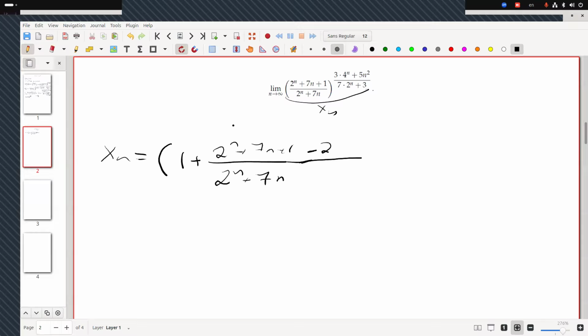In this case, actually, we can... Do you agree with this? 2n plus 7n over 2n plus 7 gives 1. So it remains this. Yes. It will be nice to have the power 2n plus 7n. Okay, let's create it.